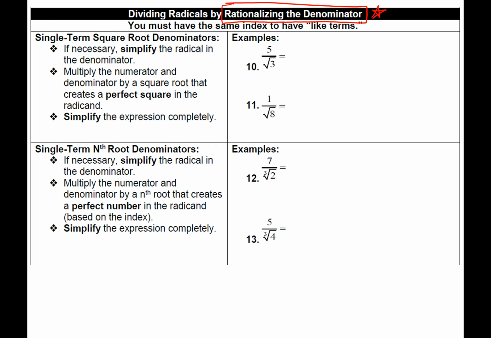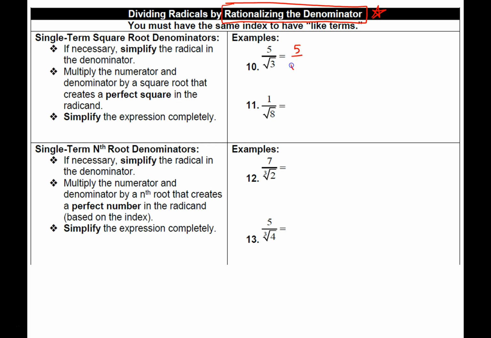So our steps are going to be, first, we're going to simplify the radical in the denominator if we can, and then we're going to multiply both the numerator and the denominator by something that makes a perfect square in the bottom, and then simplify it. So let's look at what that means. Number 10 says 5 divided by the square root of 3. The square root of 3 doesn't simplify at all, so I'm ready to go on to the second step where I multiply.